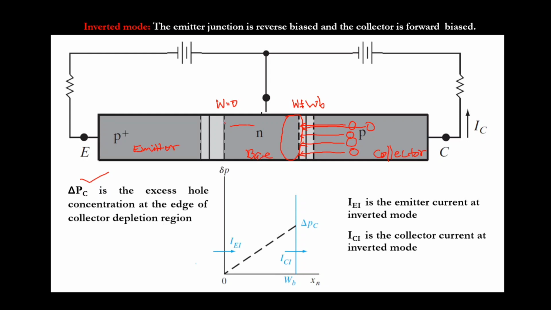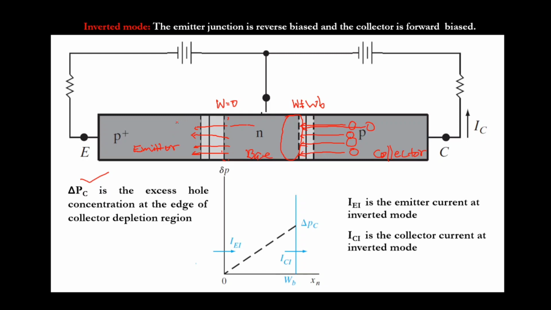If I look at this point, the concentration of holes will not be available because as soon as the holes reach this transition region, they are dragged across this junction and reach my emitter. Don't get confused. In the previous diagram, my emitter is injecting the holes and the collector is collecting them, and in inverted mode my collector is injecting the holes and the emitter is collecting them. So the operation is inverted.